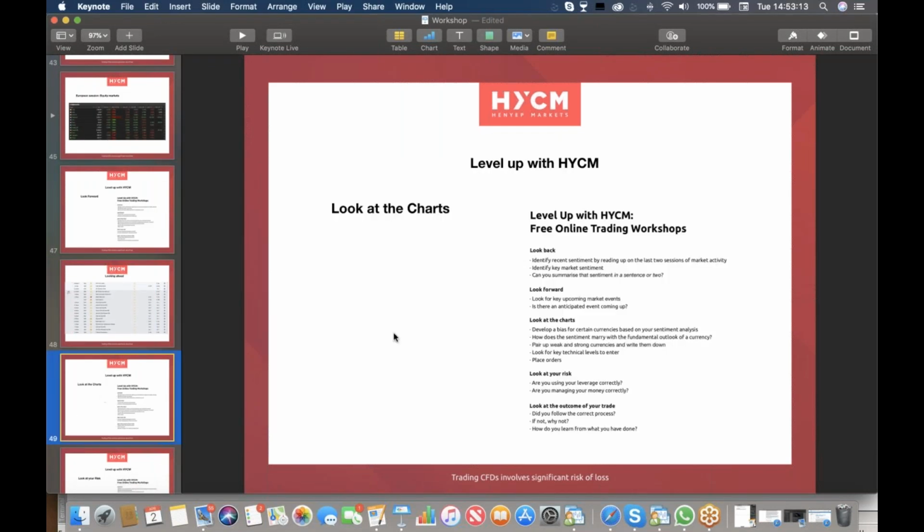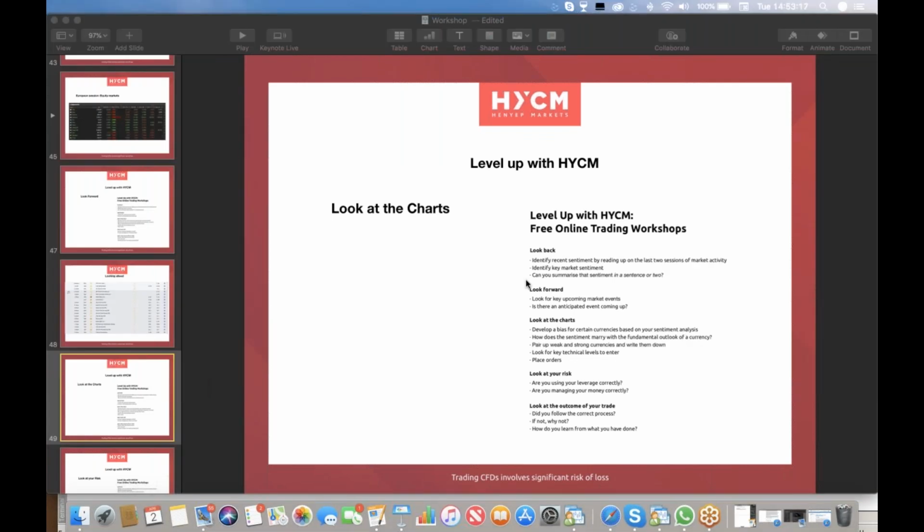And looking at the charts, we always want to develop a bias for certain currencies, okay? So today, what currencies would we have a bias for? What currencies would we be looking at as strong and as weak? Type in your answers. We always want to find a bias.